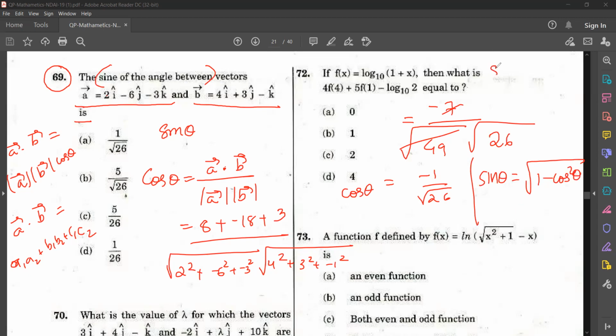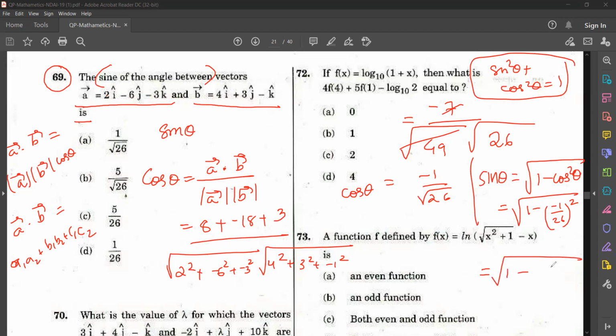We know sine square theta plus cos square theta is equal to 1. So sine theta is root of 1 minus cos square theta. That is root of 1 minus 1 by 26 the whole square. So do this, you will get what? 1 minus 1 by 26, since here it is root 26, root 26 square.